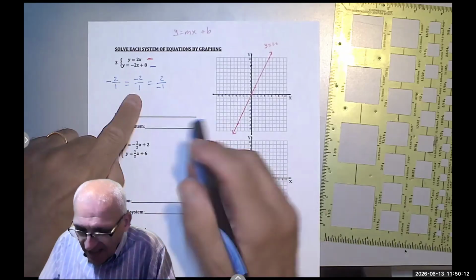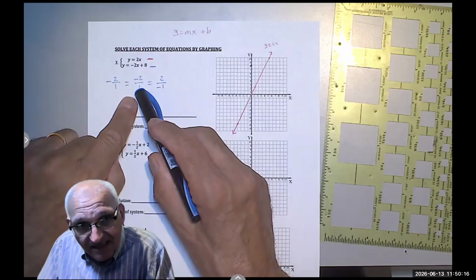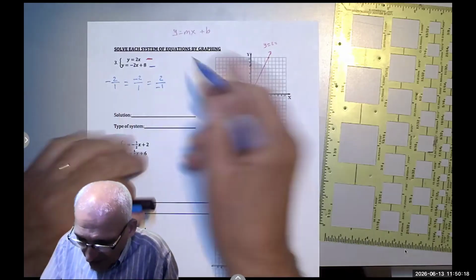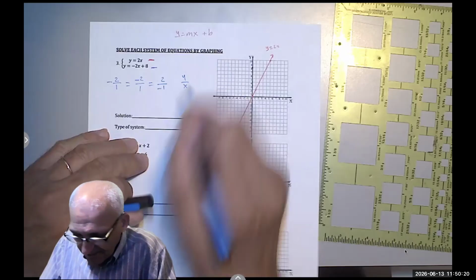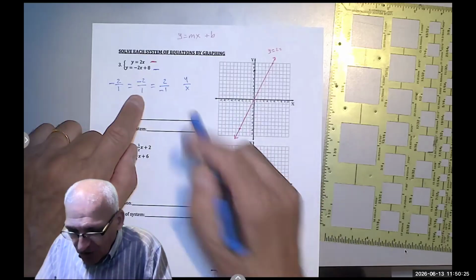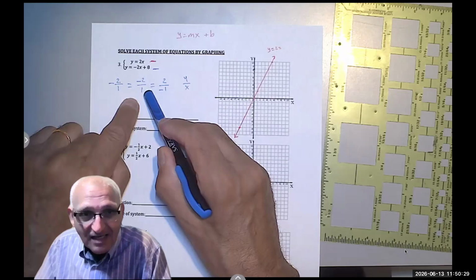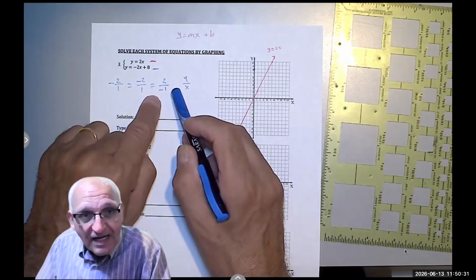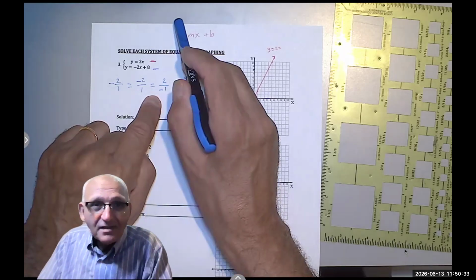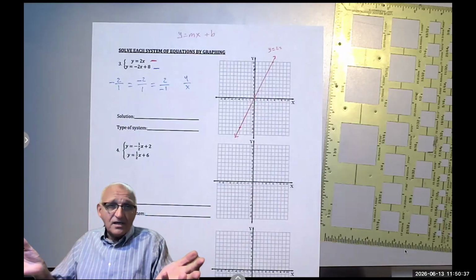But here I say, every time I move positive 1 to the right, because that's x and that's y, that's the change in y and change in x. So every time I move 1 to the right, I go 2 down because the y is negative. Or if I move 1 to the left, I go 2 up. So they are opposite. You see that all of them mean the same thing.